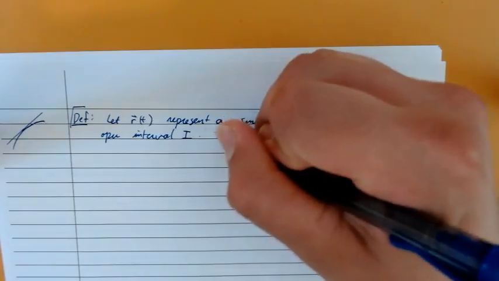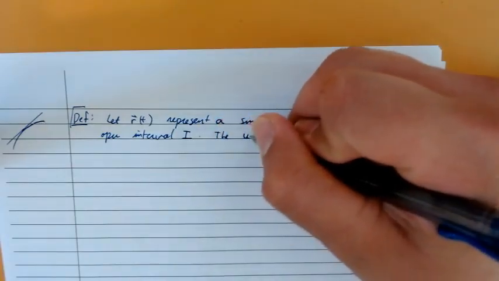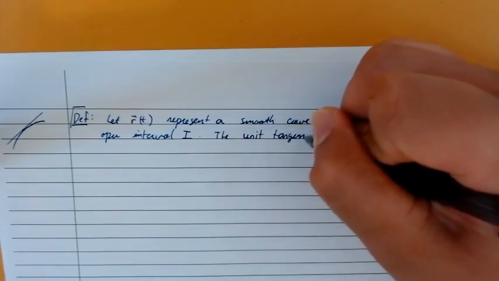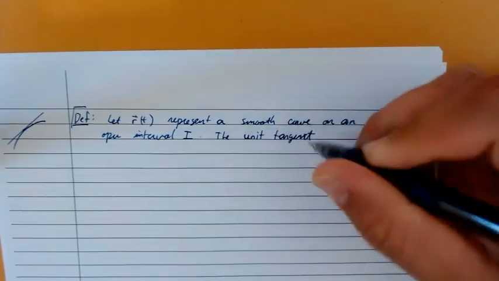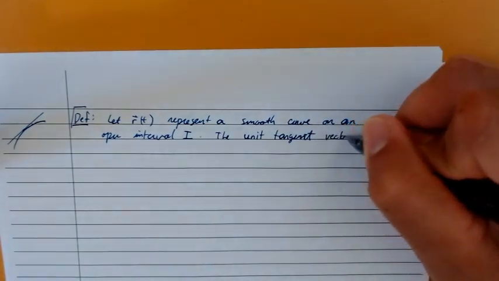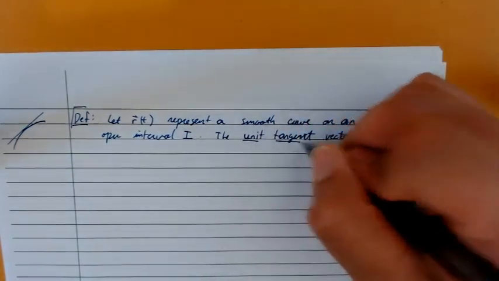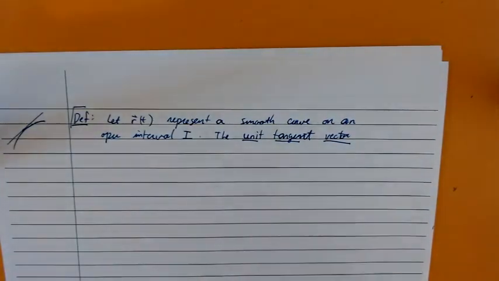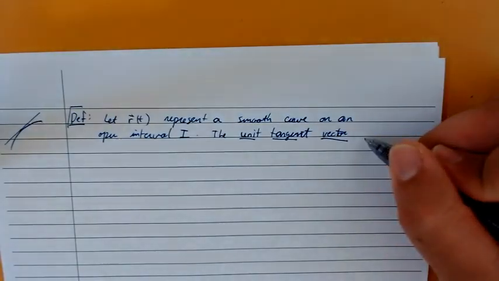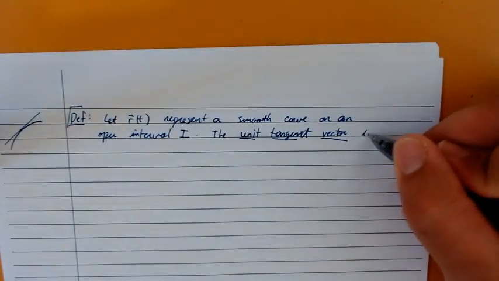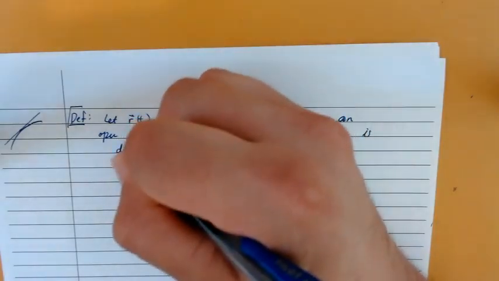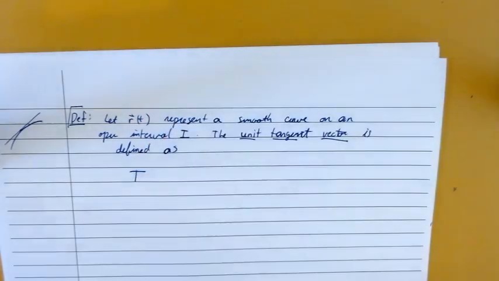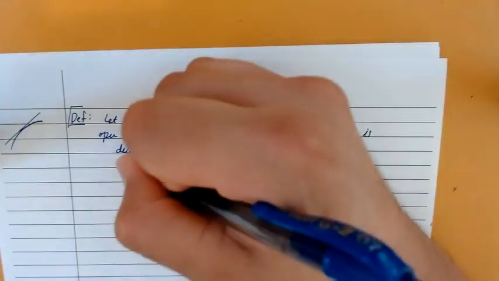Then the unit tangent vector is defined as, so first of all, the symbol for that, we're going to have a capital letter T for tangent.